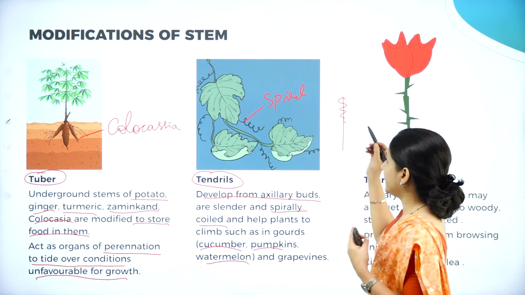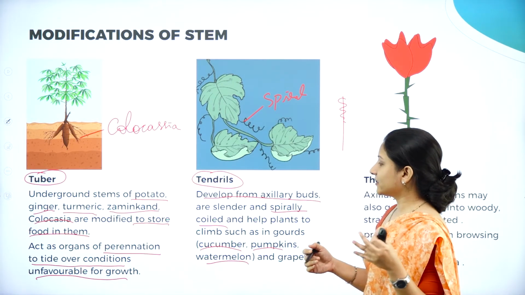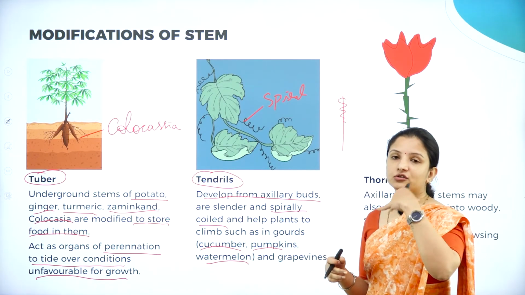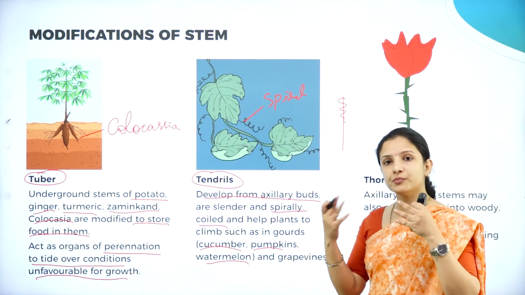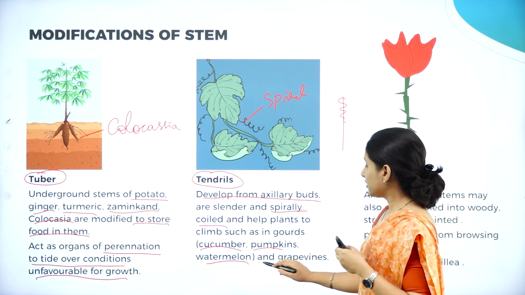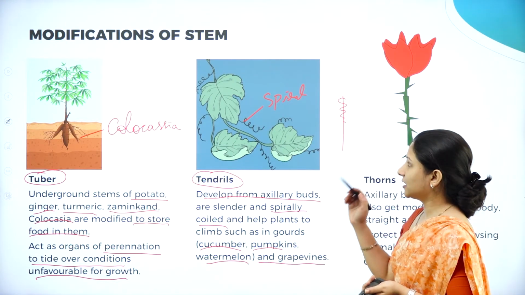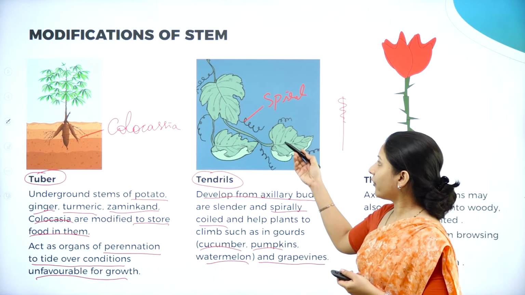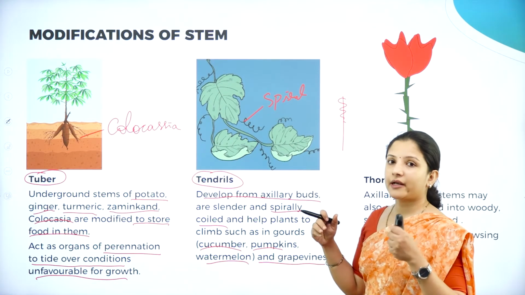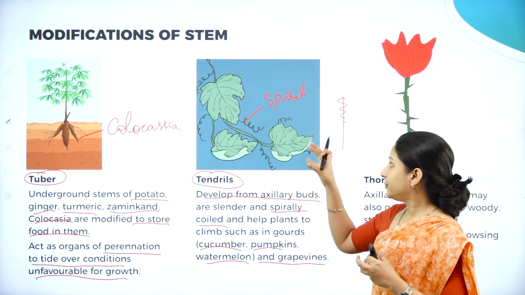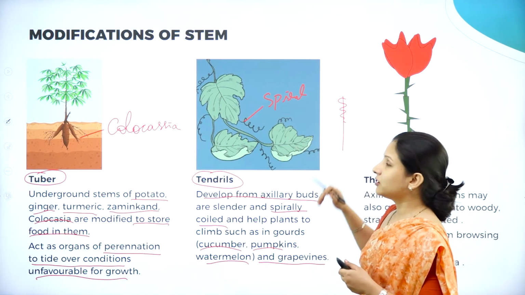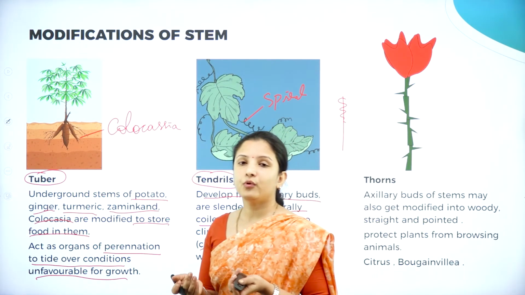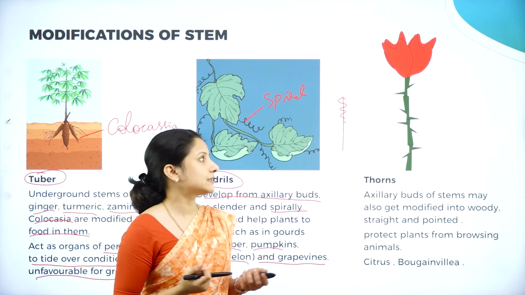They help the plants to climb and grow properly. Grapevines are also one of the examples. So tendrils are spirally coiled, and they help in proper attachment of the stem to the other substrate, be it a pole or other plants.